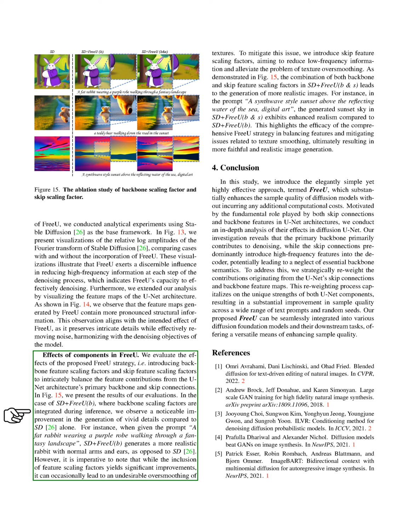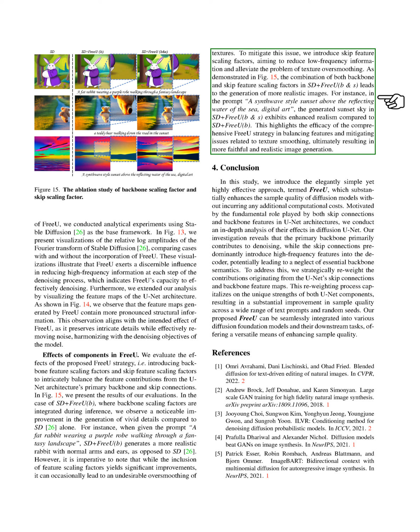However, it's important to note that while the inclusion of feature scaling factors leads to significant improvements, it can sometimes result in an undesirable oversmoothing of textures. To address this issue, we introduced skip feature scaling factors, with the goal of reducing low-frequency information and alleviating the problem of texture oversmoothing. As shown in our figures, the combination of both backbone and skip feature scaling factors in SD plus FreeU, B and S, results in the generation of more realistic images.